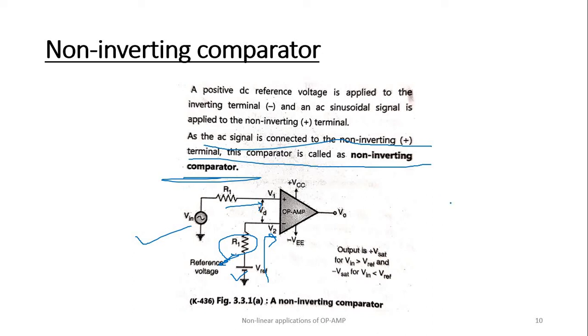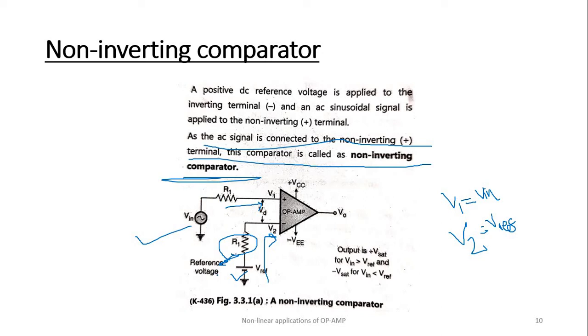Hence V1 is equal to VIN and V2 is equal to V reference, because the voltage drop across this resistor is 0.